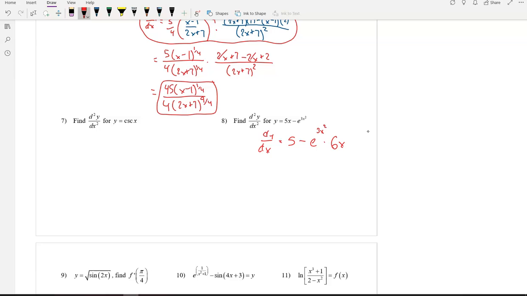Again, the derivative of e to the something is e to that something, but then you multiply by the derivative of what was inside. So what's inside the e is what's in the power of the e right there, and the derivative of that becomes 6x. Okay? So far, so good?